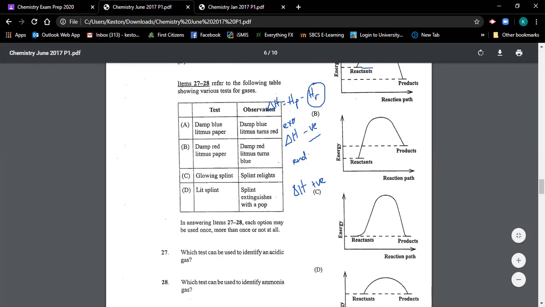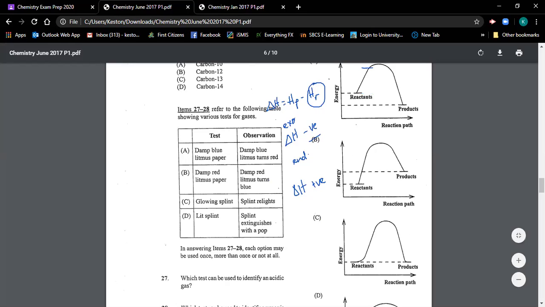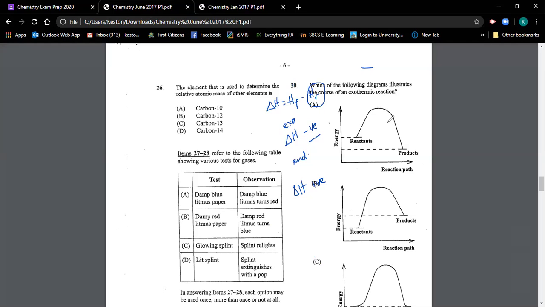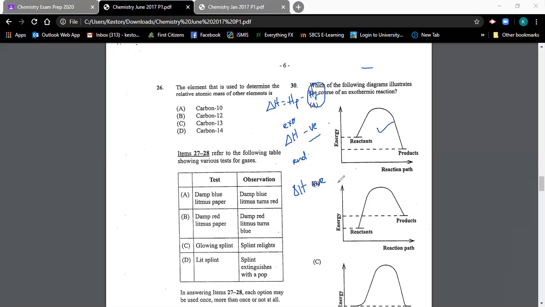So yeah, I guess that'll be A. It's the only one where the reactants are higher than the products. Everybody okay with that? Make sense? That should be an easy way to remember energy profile diagrams and how we're getting negative and positive enthalpy change. So this equation, you need to know this one here. If you know this, then your life is much simpler when it comes to energetics.